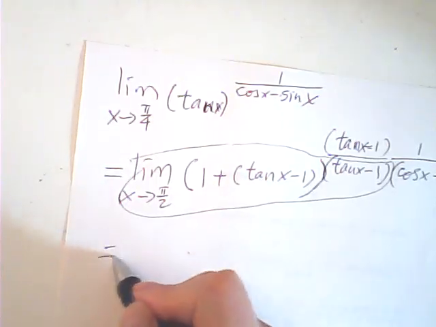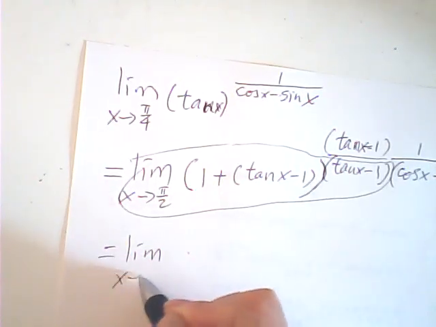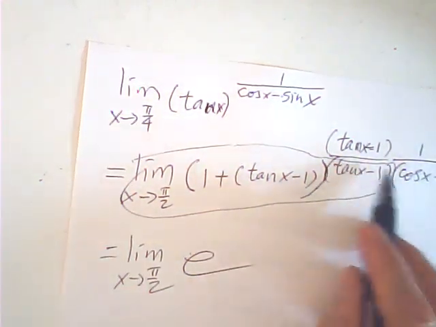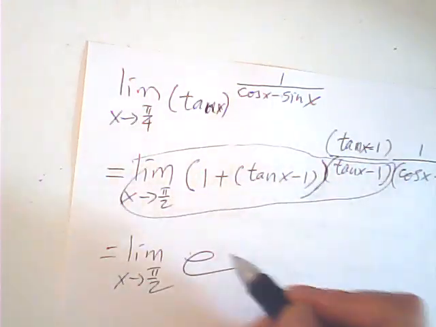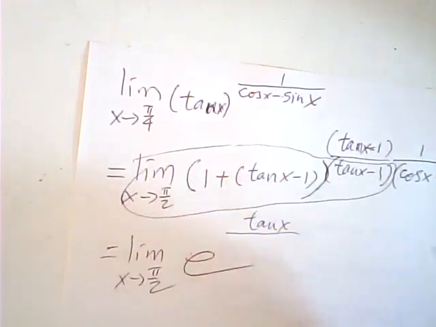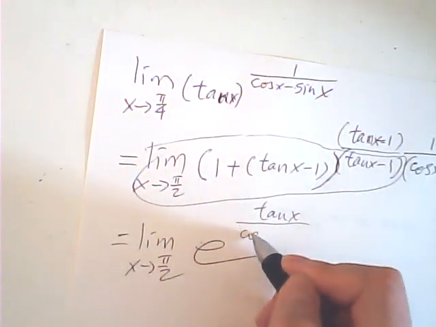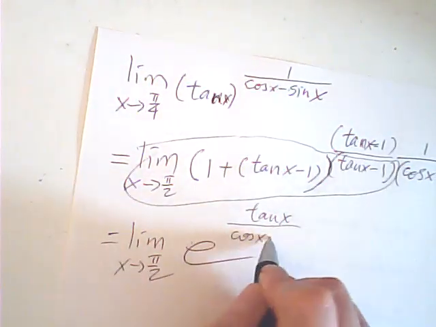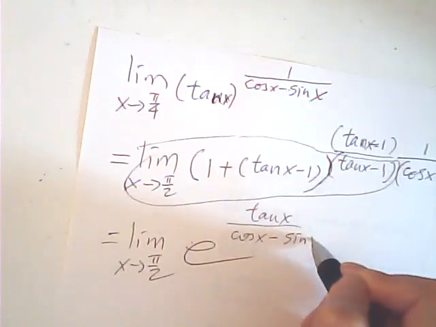So it becomes the limit as x goes to quarter pi of e to what had been left over. So this is tangent x minus 1 left, times cosine minus sine.